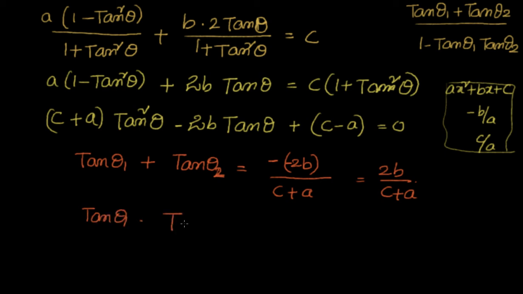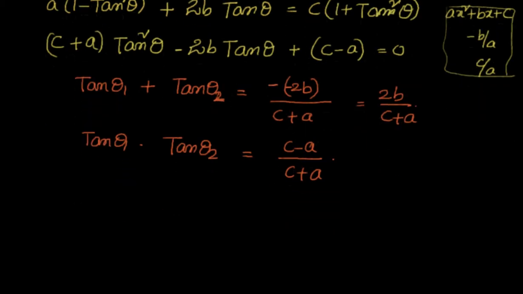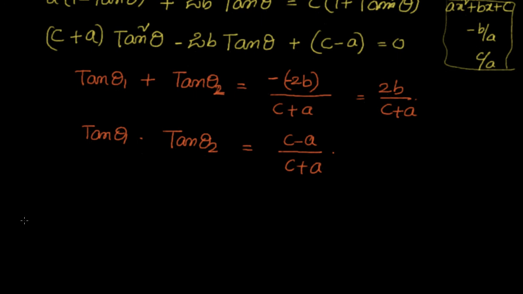What is needed is we have to prove tan of theta 1 plus theta 2. This we know is nothing but equal to tan theta 1 plus tan theta 2 by 1 minus tan theta 1 into tan theta 2.